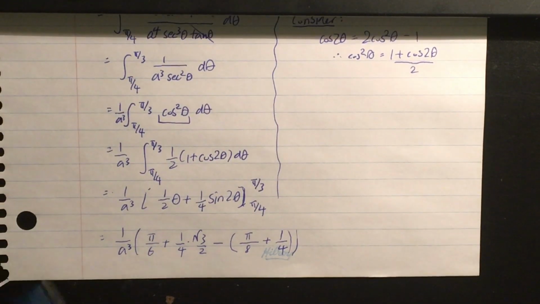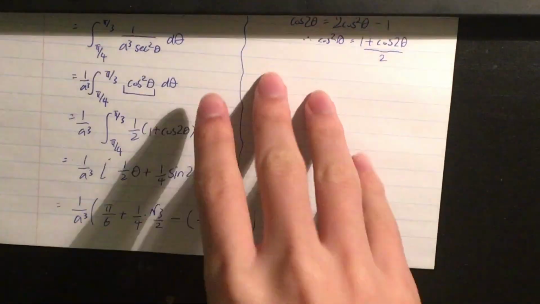And we're actually pretty close. So in fact, we're going to go on the back here. Then we have 1 over a cubed. And let's just rewrite the expression, because why not? So we have pi over 6.